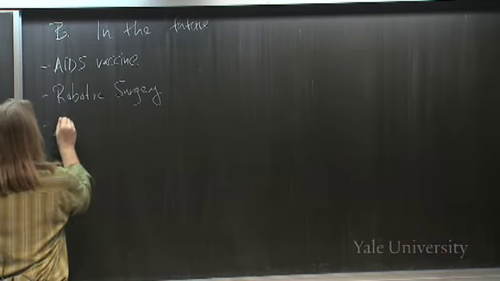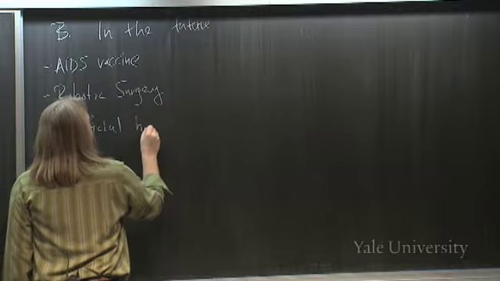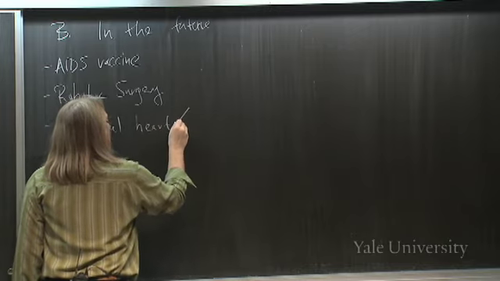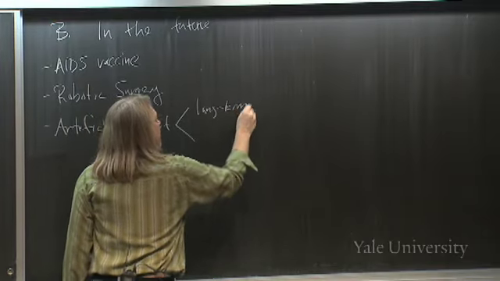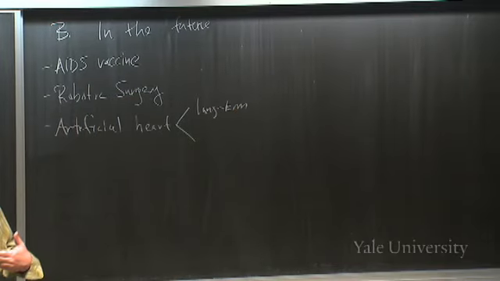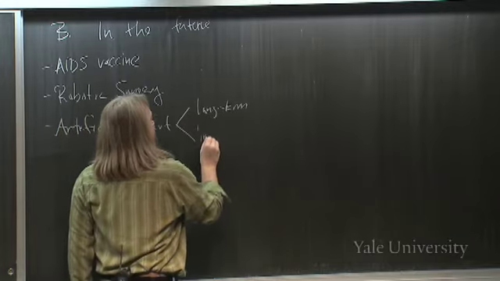Artificial hearts that can be used long term, and there's probably several elements to that. One is long term, making them compatible with the body so that you could tolerate it for long term. And the other thing is, if it's going to be long term, then probably it has to be implantable.